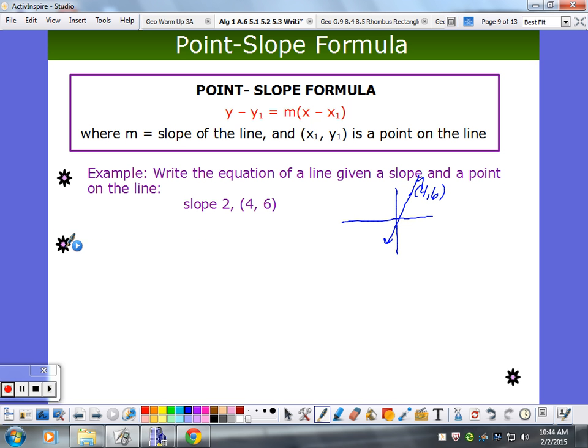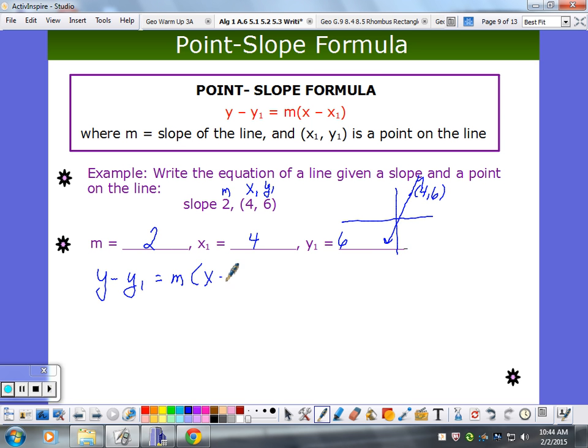Point slope will help us. So my slope is what? That's your m, and that's your x1, and that's your y1. So write out the formula. It's y minus y1 equals m times, grouped in parentheses, x minus x1. Start with that, and then substitute.